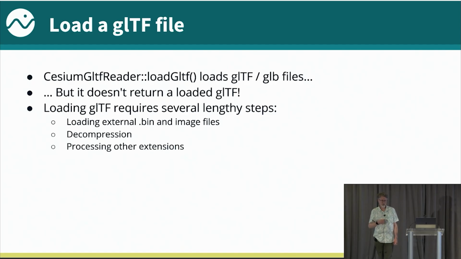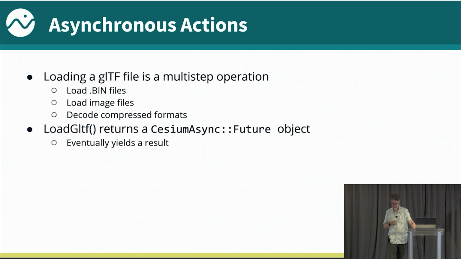And then there's a bunch of additional potentially lengthy work that needs to be done to finish the loading, this decompression I mentioned, and perhaps a bunch of other stuff. So this is all handled asynchronously through the Cesium async system. The result is that loadglTF doesn't return a glTF, it returns an object that at some point in the future might yield a glTF.